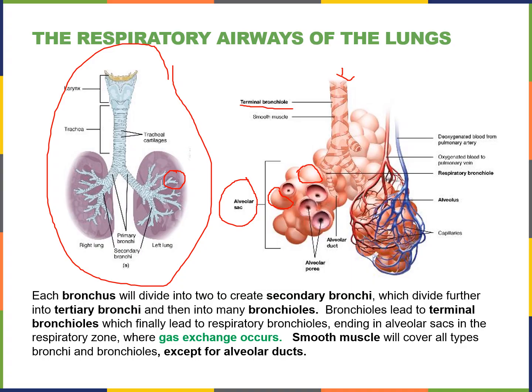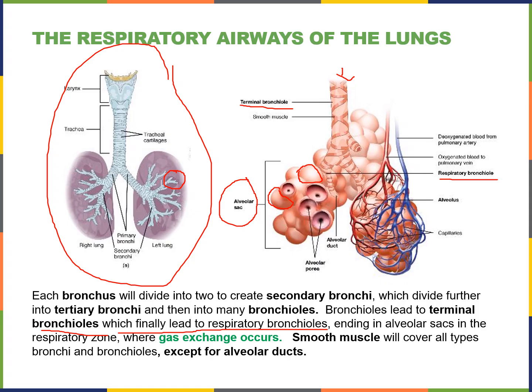The branching leads to something called a terminal bronchiole, and terminal is kind of at the end, right? The bus terminus is where all the buses end their journey at the end of the day. The terminal bronchiole leads to respiratory bronchioles, which are again smaller passageways heading into the alveoli.